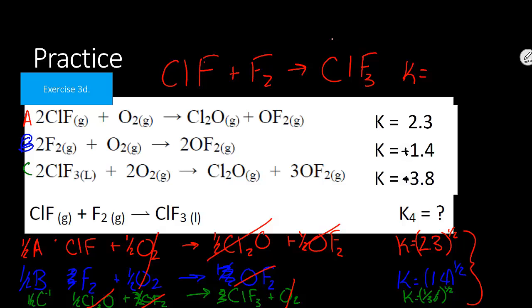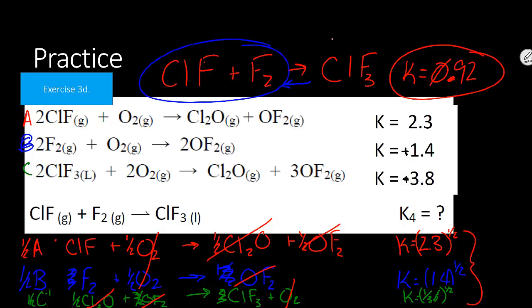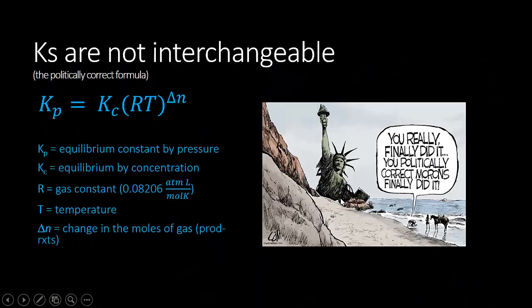So the value of K for this reaction, given the mechanism we just looked at, would be 0.92. So this reaction favors reactants. We have more reactants at equilibrium than we do products.